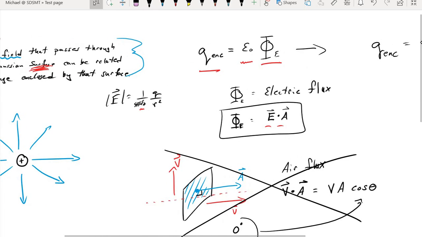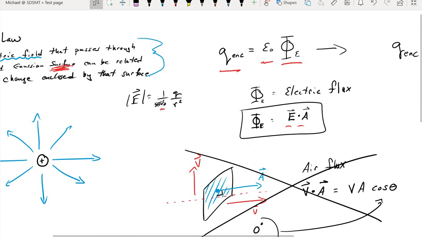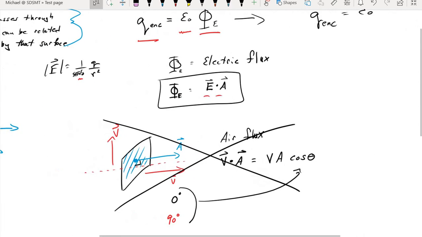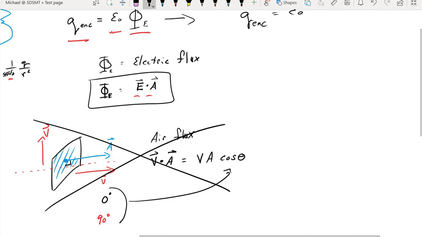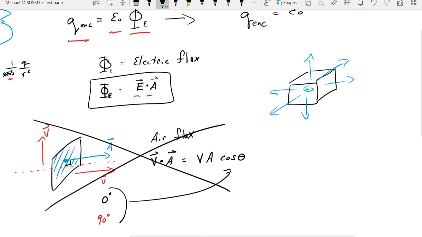Except that anytime you have a surface area, typically that surface area is made up of a two-dimensional construct. One way to think of it is if you had a block, each side of that block has a given surface area to it, but if I were to place a charge inside of that block, those electric fields are going to be passing through all of the different faces of that block.